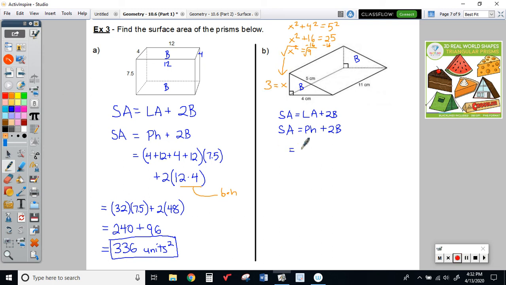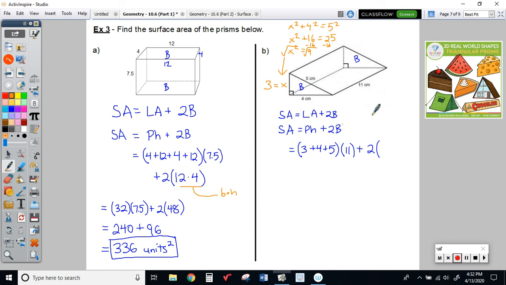So then from there, your perimeter would be 3 plus 4 plus 5 for the perimeter of the base. Your height is connecting the two bases in a perpendicular way. That would be this length right here. That would be 11. And then plus 2 times the area of the base. That capital B is always standing for area of the base.